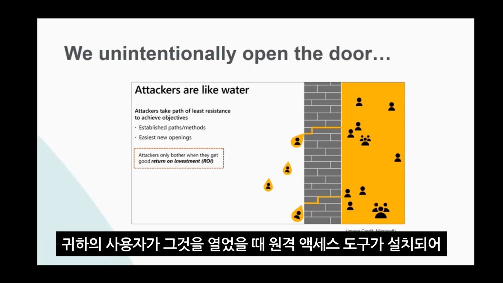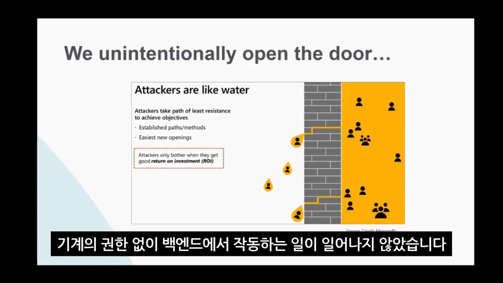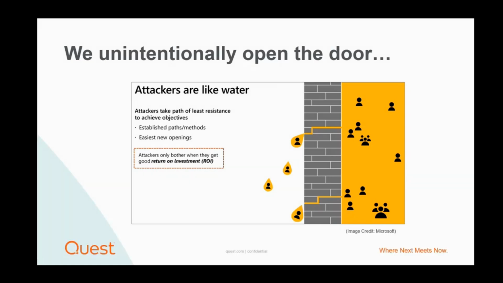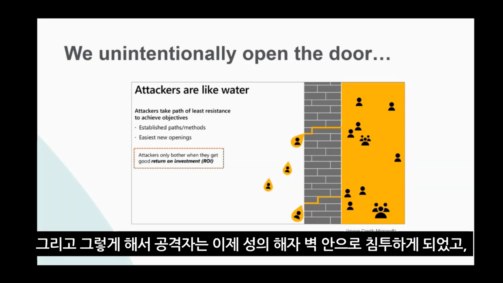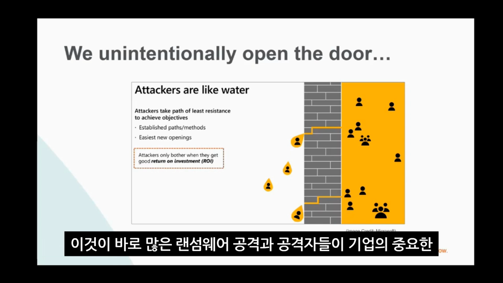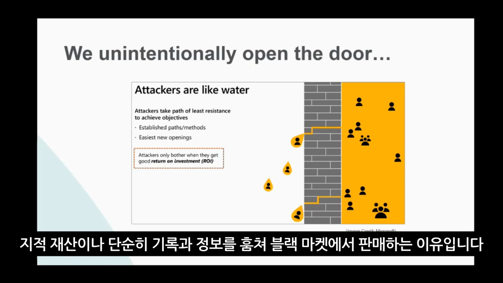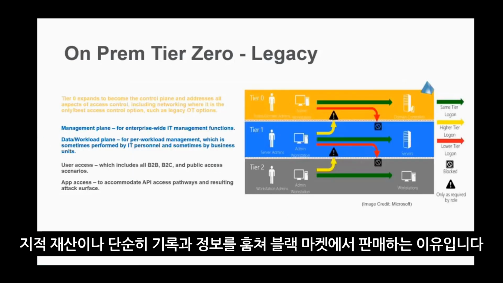It would install a remote access tool that doesn't require privilege on their machine on the back end, and voila, an attacker is now inside the moat castle wall. And this is why we're seeing so many ransomware attacks and attackers stealing information from businesses, whether it be critical IP, intellectual property, or just records and information that they're going to sell on the black market.